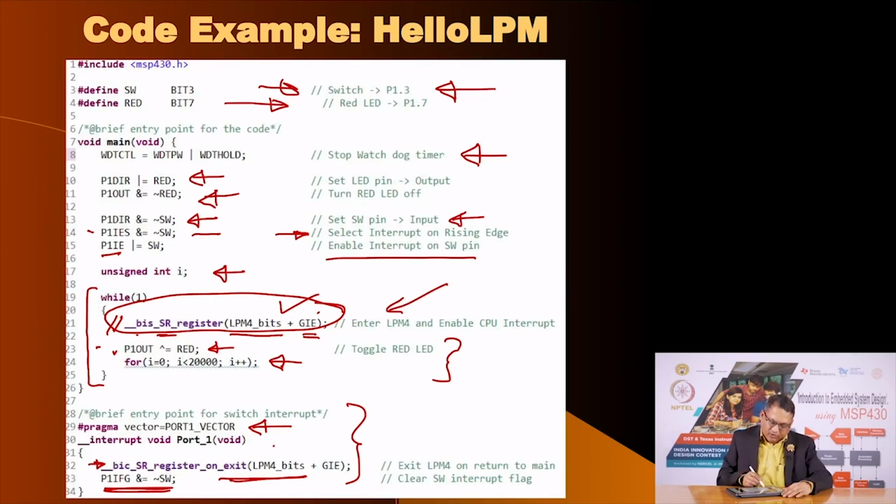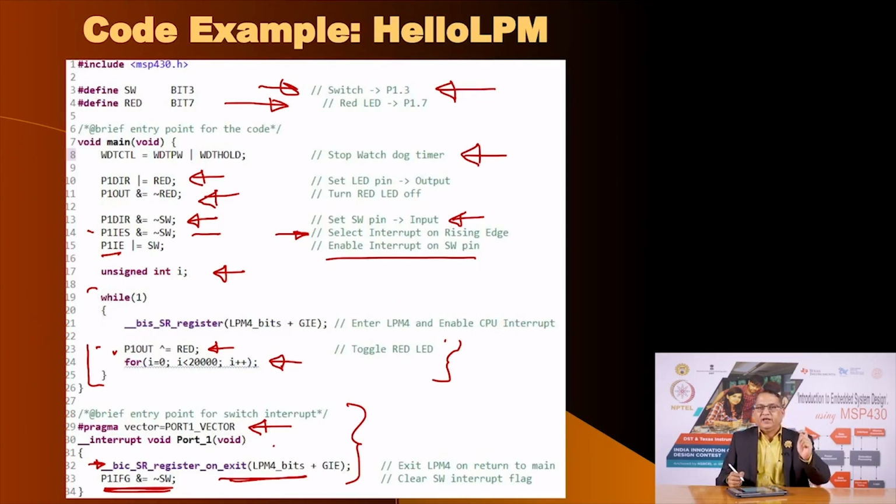But the moment you make this instruction active as part of this code, you will see that if the LED is on, it will remain on, it is not going to toggle. It is only going to toggle when you press the switch. Why? Because when you press the switch, it is going to enable the interrupts.